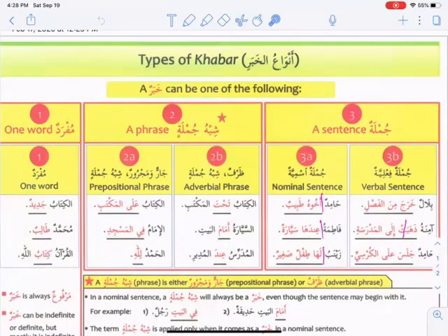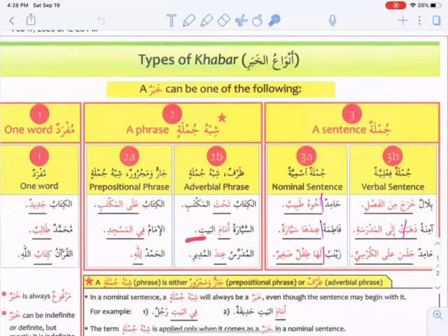So tahta is your zarf, shibu jumla khabar, and then this is mudaf ilayhi. This becomes mudaf ilayhi. Did you get the idea? As-sayyaratu amama. This is shibu jumla khabar. Amama is zarf, shibu jumla khabar.